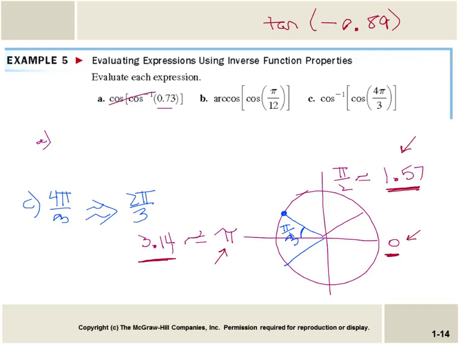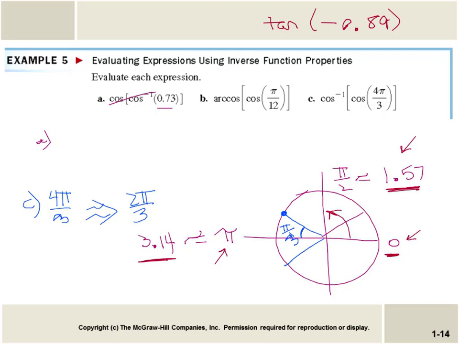Richard, where would 0.89 be? In quadrant 1. Sorry, quadrant 1. It's got to be in quadrant 1. Isn't 0.89 between 0 and 1.57? Right. Yeah, so it's got to be in quadrant 1.